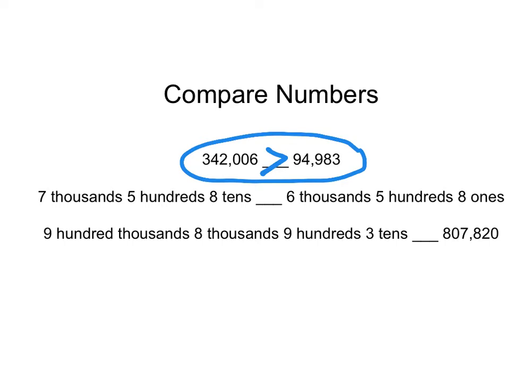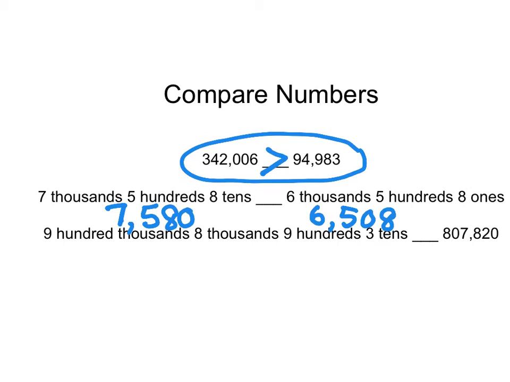So you should have, on the left, 7 thousands, 5 hundreds, 8 tens. And on the right, you should have 6 thousands, 5 hundreds, 8 ones.